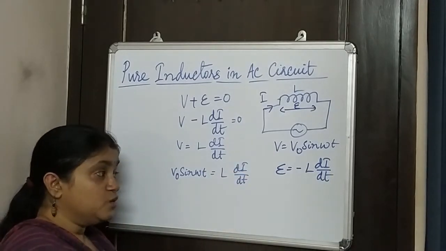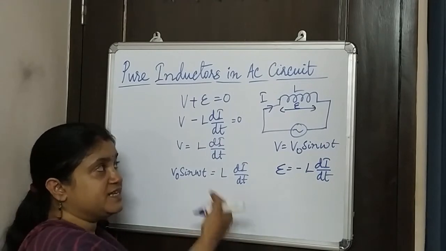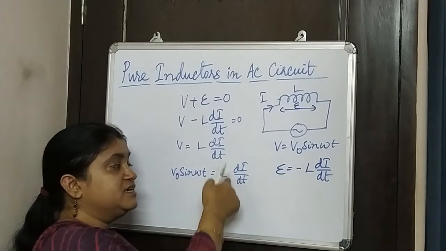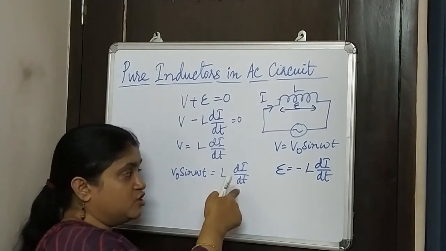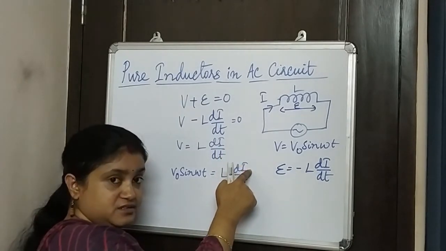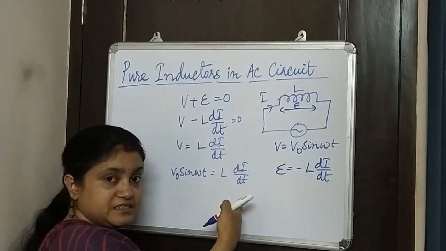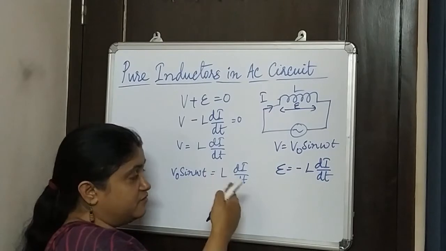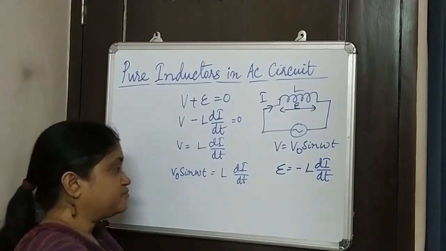Now we have to analyze the current that is moving, but here the current is in differentiation form. So if I have to take out the current, I have to integrate it to get rid of the differentiation.